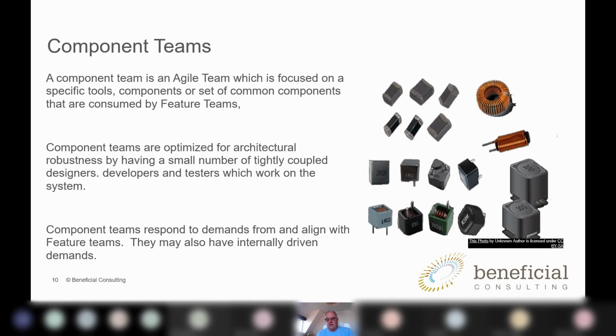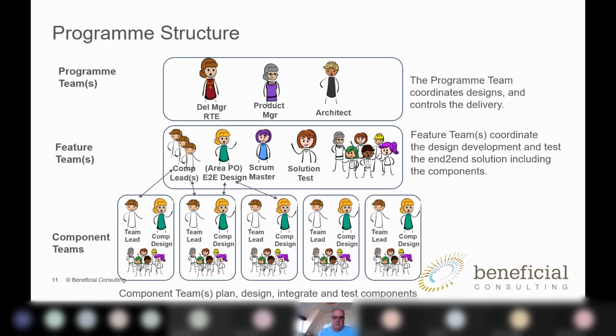So when you're starting to think about how your teams are going to be organized, if you've got feature teams, then you need to design how they are going to go forward. Okay, and you need to think about how they're going to work, how they're going to achieve the outcomes which are needed. So let's just look at a program at the moment.